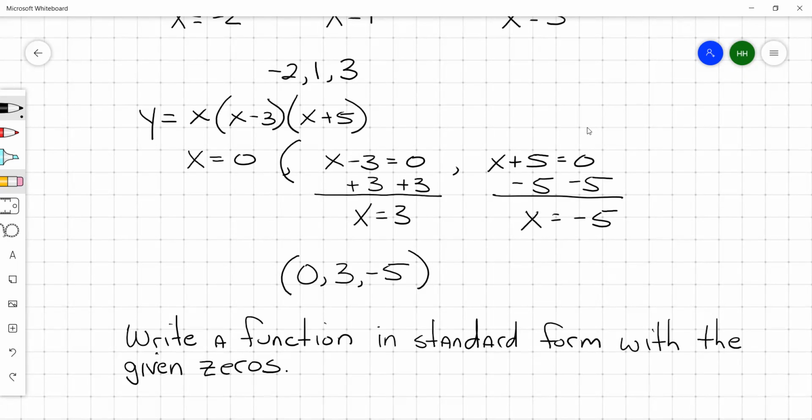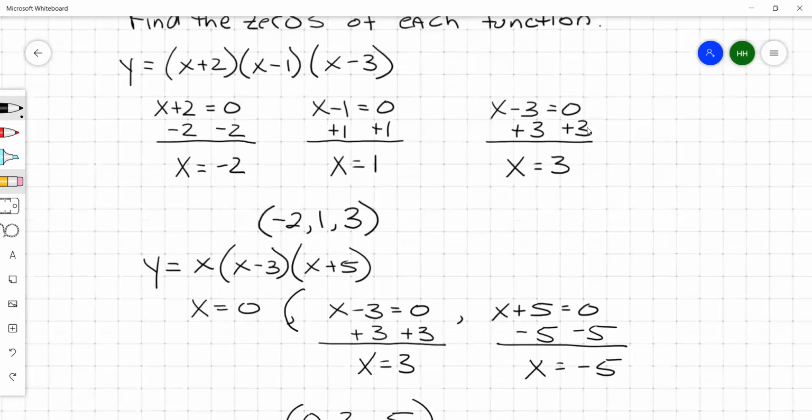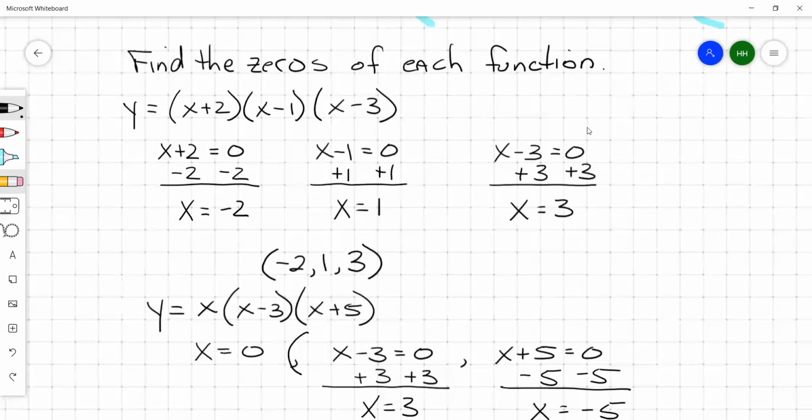When you had these as your zeros, a -2, a 1, and a 3, your factors were x plus 2, x minus 1, and x minus 3. Okay? So what you're doing now is you're doing the problem in reverse. You're going to be given the zeros, you're going to have to write the factors, and then you're going to have to multiply. So here's how that works.